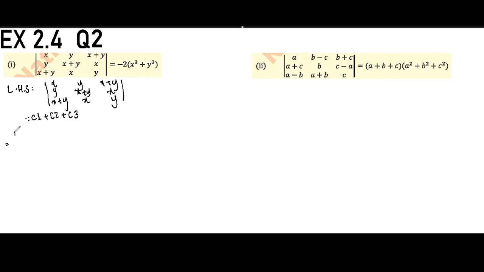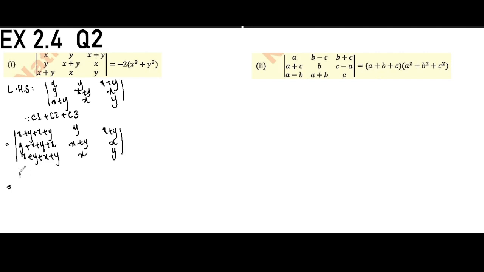It is equals to, now add up all of these columns, we get x plus y plus x plus y, then we have y plus x plus y plus x, and then x plus y plus x plus y. And then we are going to write the rest of the columns as it is: y, x plus y, x plus y, x and y.